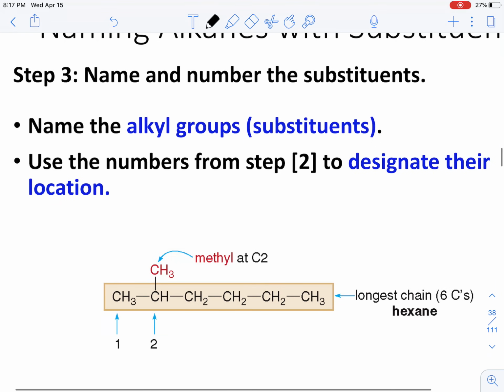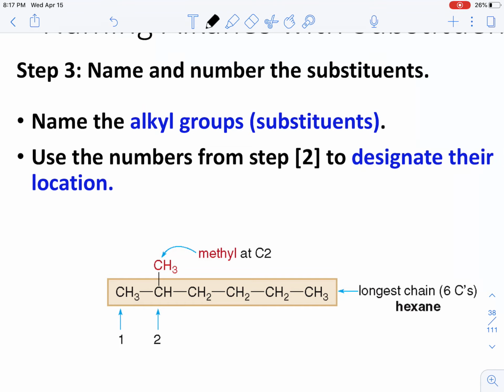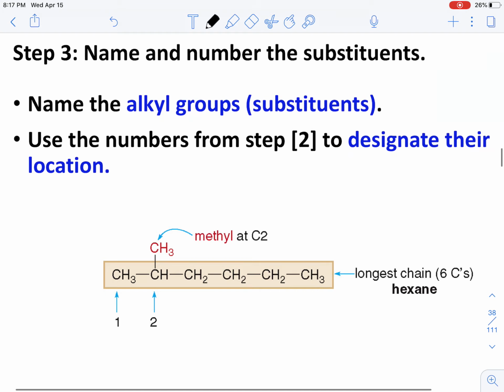All right, so the next thing that you guys are going to do is name your alkyl groups, your substituents. You're going to utilize the number 2 to describe the position of where that substituent is attached to the parent chain.